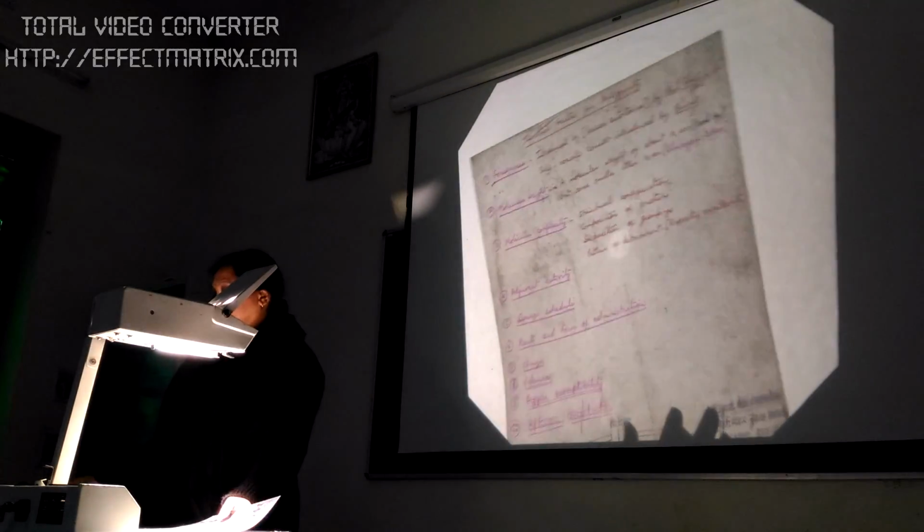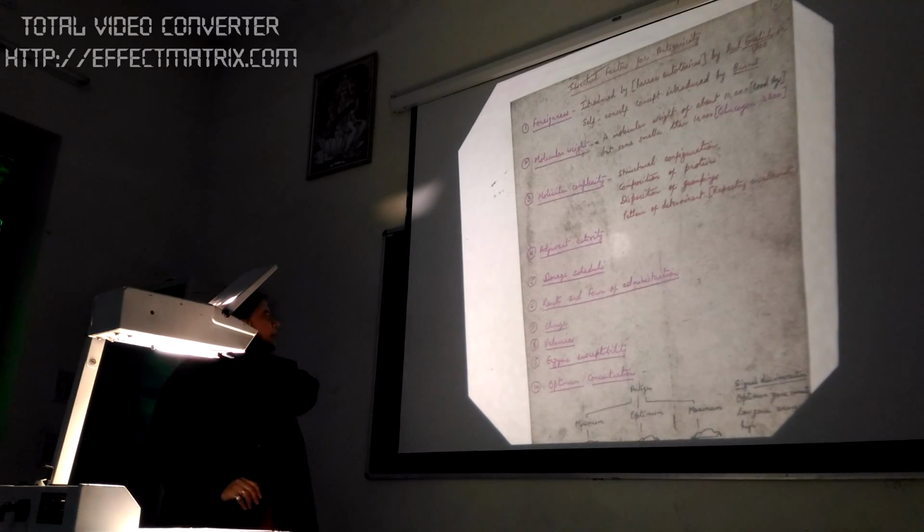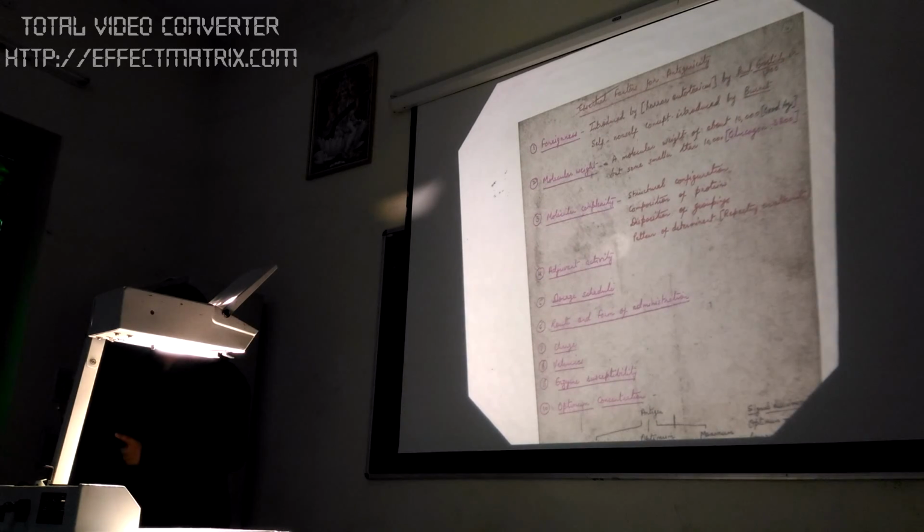Now the essential factors of antigenicity. These are essential factors. First and foremost is foreignness. That means it should be non-self, and the self and non-self concept was introduced by Burnet, as you know. Then molecular weight.